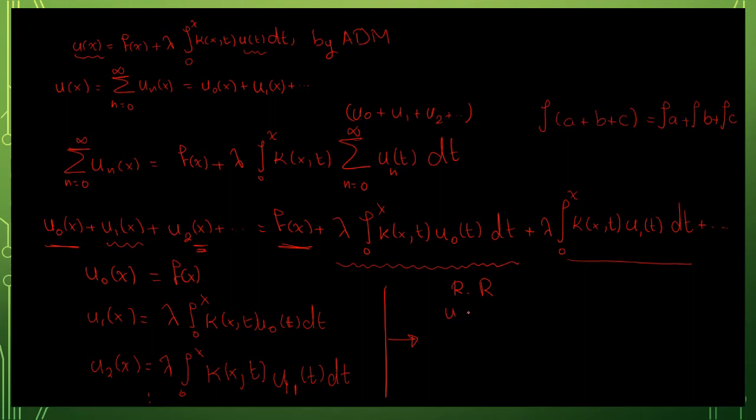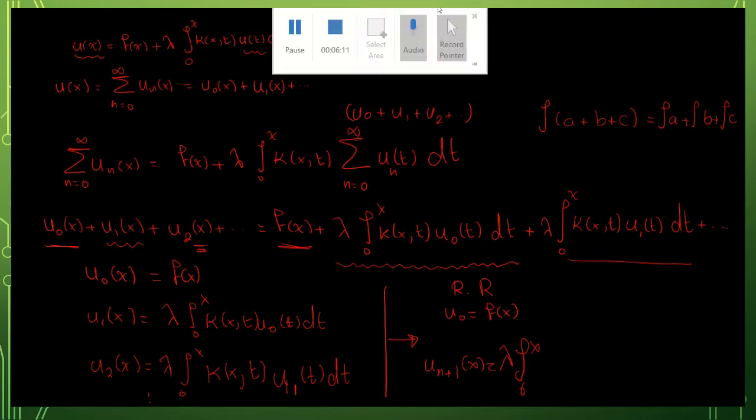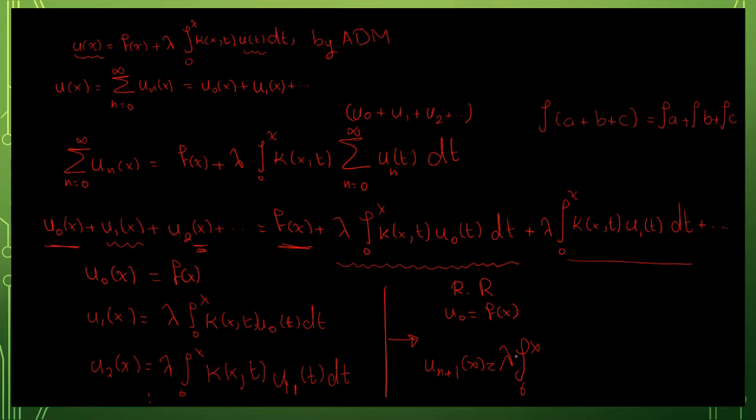Which is u naught is equal to f of x, and un plus 1 of x equal to lambda, the integration from 0 to x, k of x and t, un of t dt, where n is greater than or equal to 0.